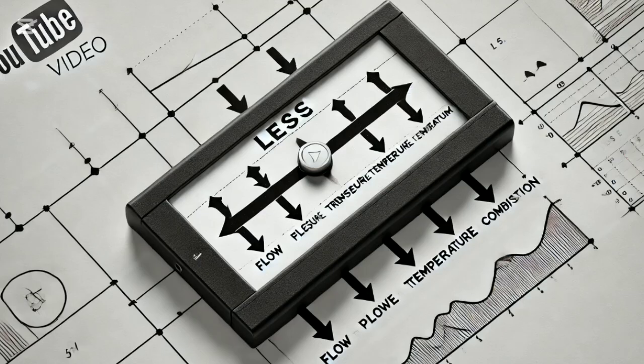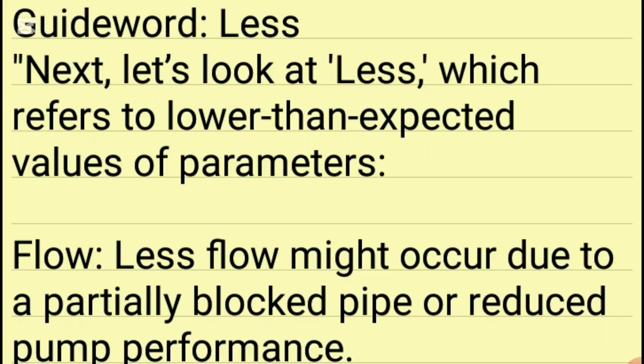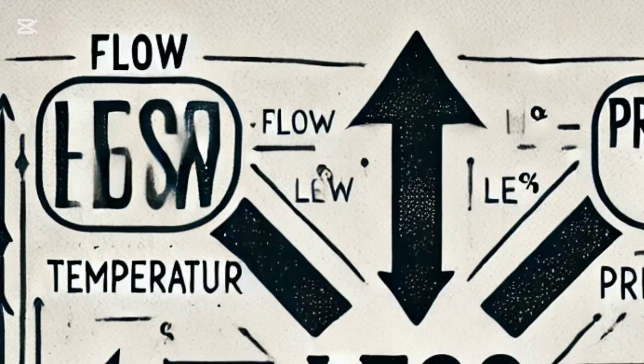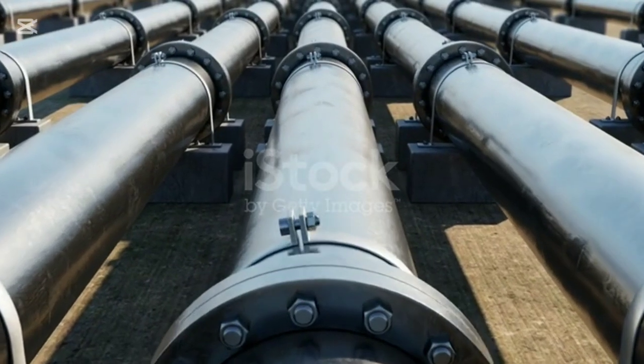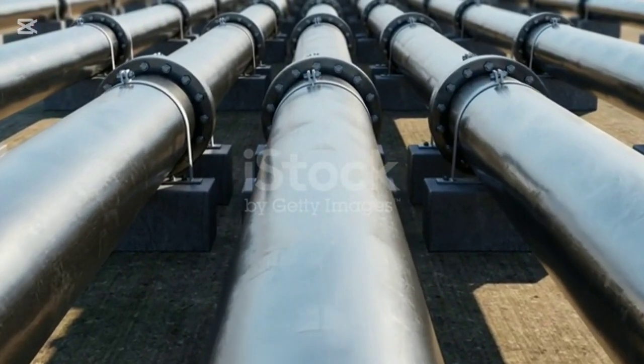Next guide word is less. Let's look at less, which refers to a lower than expected or design value of the parameters. For example, if the parameter is flow, then combined with the guide word less, it will become less flow. Less flow might occur due to a partially blocked pipe or reduced pump performance.